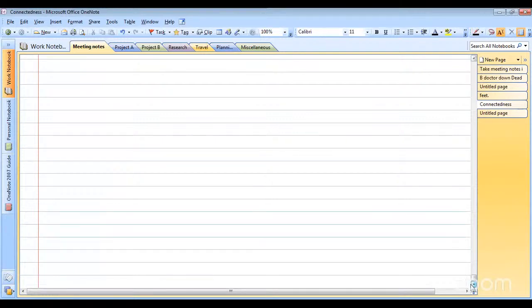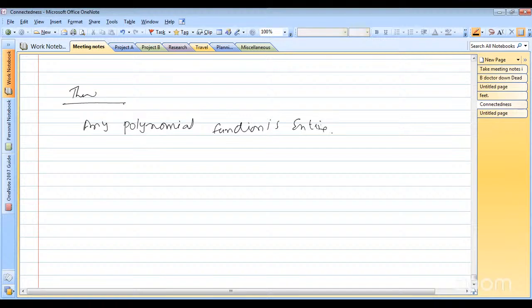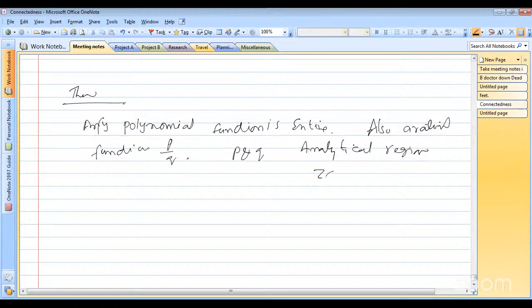Any polynomial function is entire. Also, any rational function P by Q, where P and Q are polynomial functions, is analytic in the region of C where Q of z is not equal to 0.